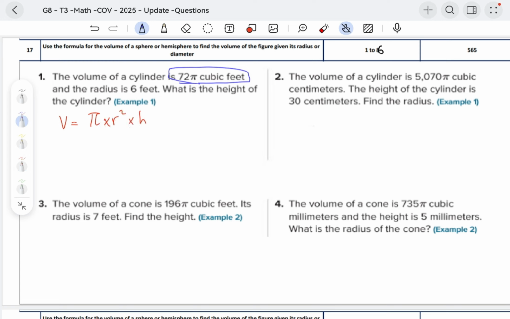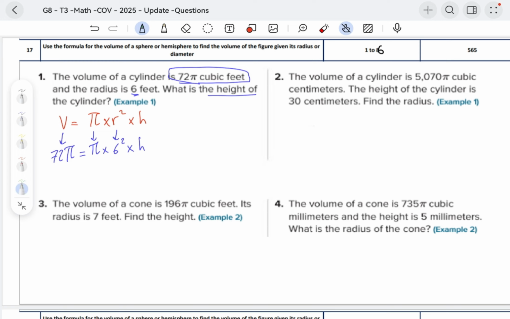Now we're gonna substitute the volume is given, which is 72 pi, and bring pi down. The radius is given, which is 6, so it will be 6 squared times the height. The height is unknown, it's missing. We have to find this missing dimension.